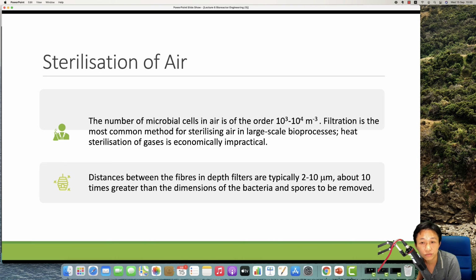Filtration is also common in large scale bioprocesses, and we don't use heat a lot for gas because it's not practical. Typically the distance between fibers is 2 to 10 micrometer, and most of the bacteria are already removed.